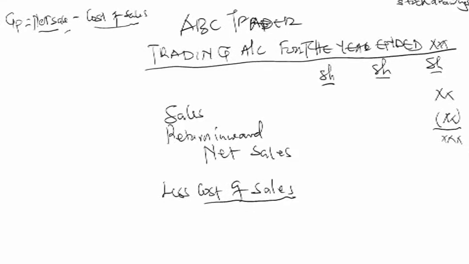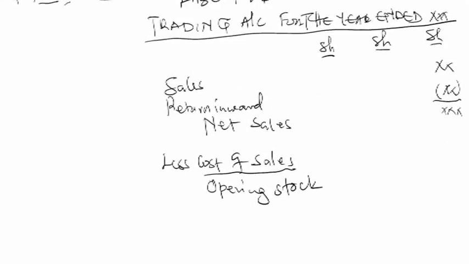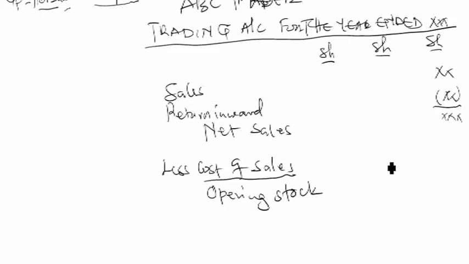So cost of sale, we start with the opening stock. Opening stock, and this will put it in the middle column. Reason is, I would like to put the other adjustment of purchases in the first column so that I can adjust it.